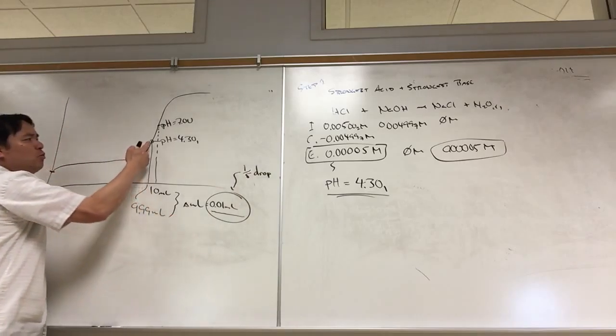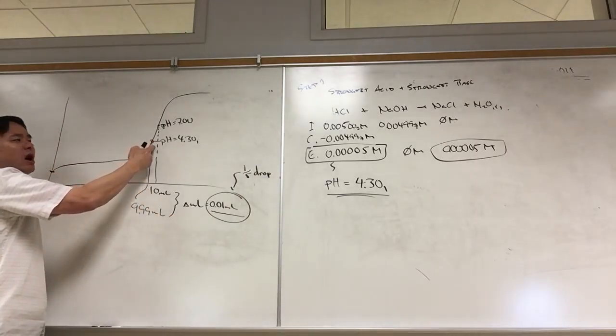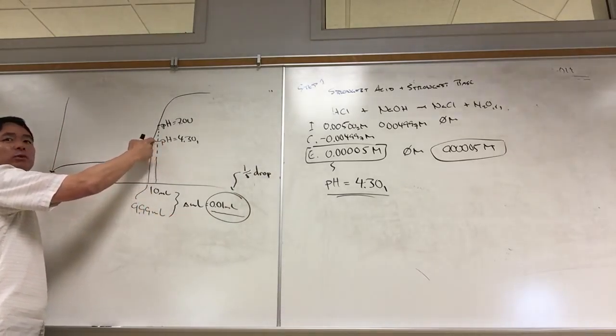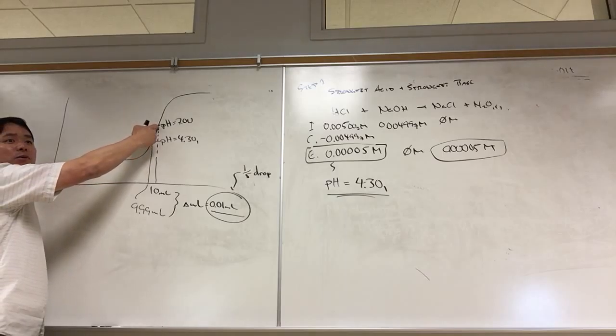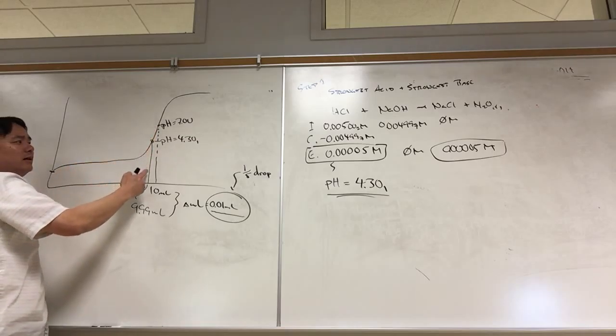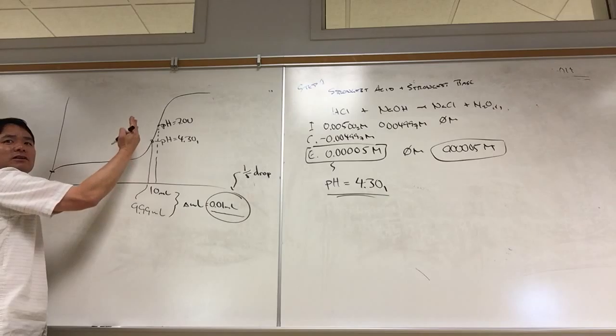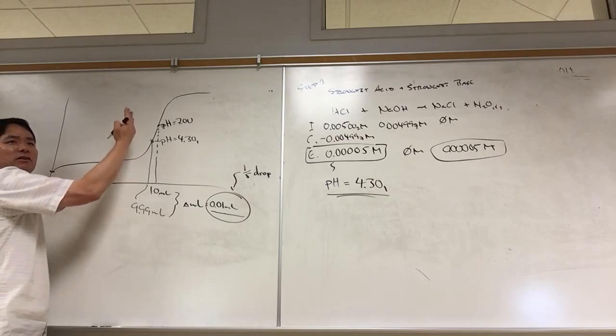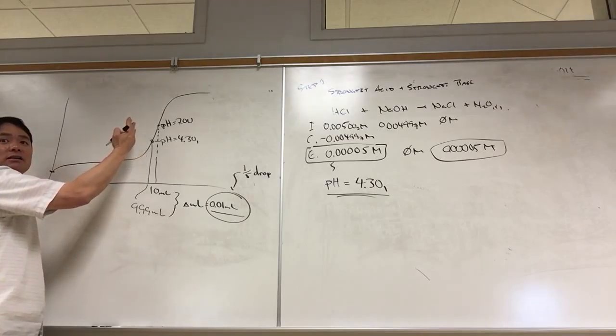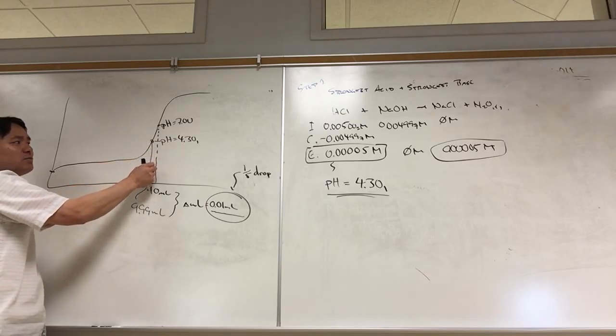Within 1/5 of a drop, the pH jumps from 4.3 to 7.0. I'm not drawing this to scale. This line is near vertical. It's got to be near vertical to shoot up that fast, right? And so I just kind of spread it out here.